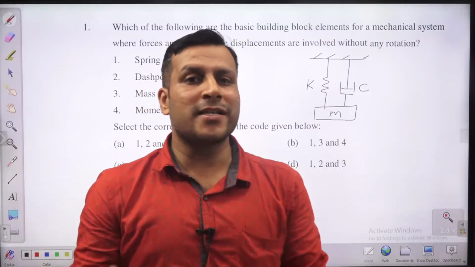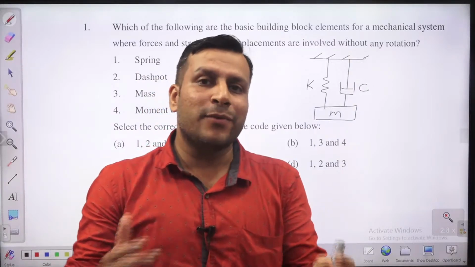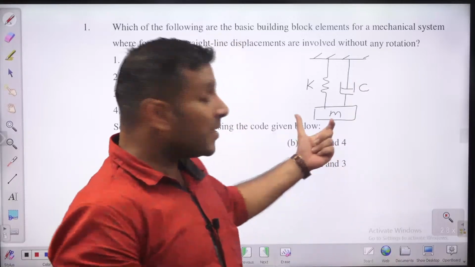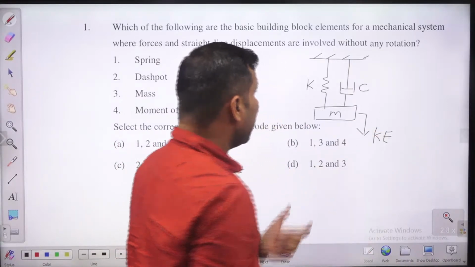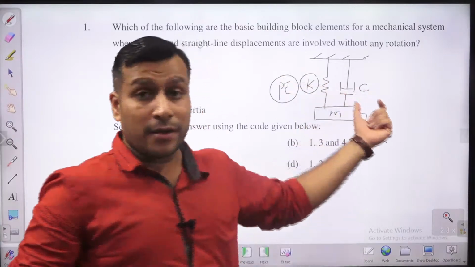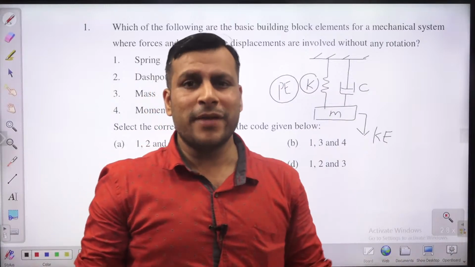Vibrations are nothing but the to and fro motion of a body, and that motion we get when continuous change in kinetic and potential energy takes place. Mass is capable of storing kinetic energy, the spring stores potential energy, and the damper offers resistance to the motion. There are different types of damping, which we will discuss later.